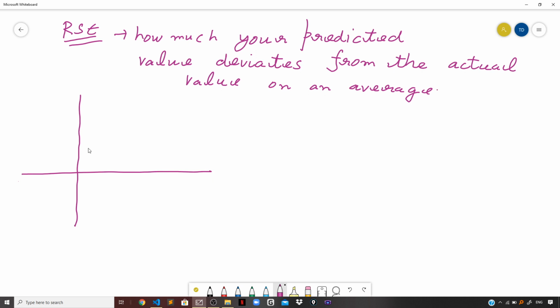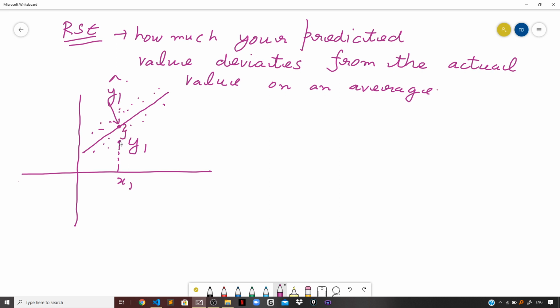We have seen this in the previous video. Say for a certain value of x, say x1, the value that was described in the dataset for this particular value of the input variable be y1, and the predicted value by our model is this one which is lying on the line, so this will be y1 cap.